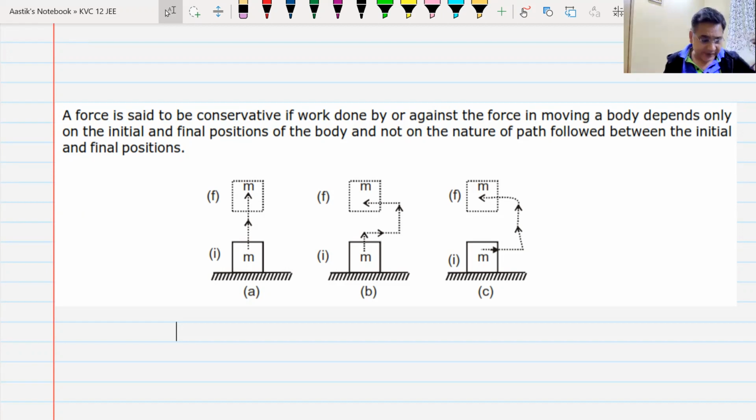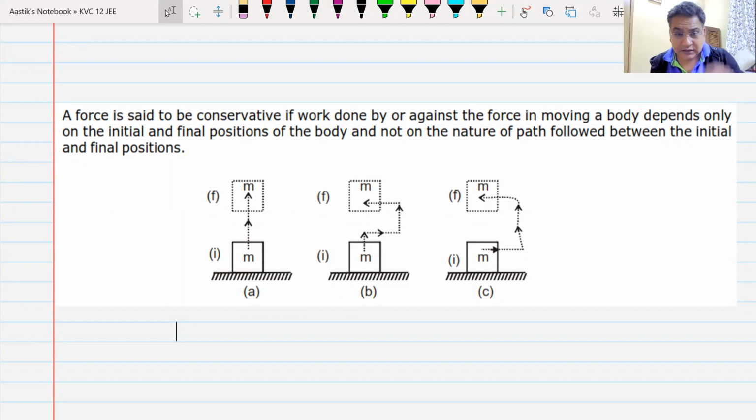How can I take the analogy back to electrostatic force? Mass becomes charge, and the gravitational force becomes the electrostatic force. So the work done by electrostatic force in moving a charge is independent of path.